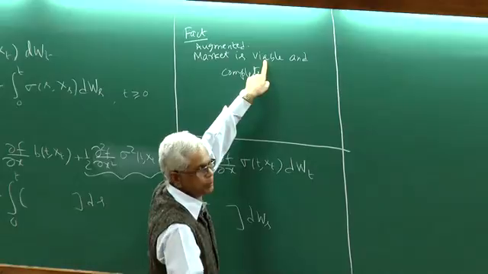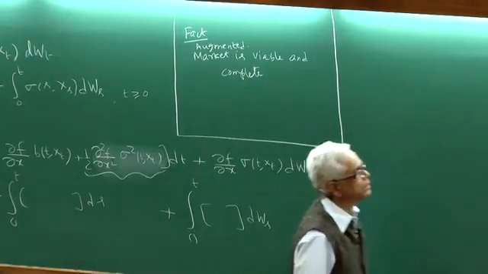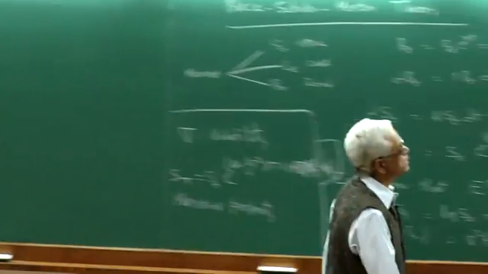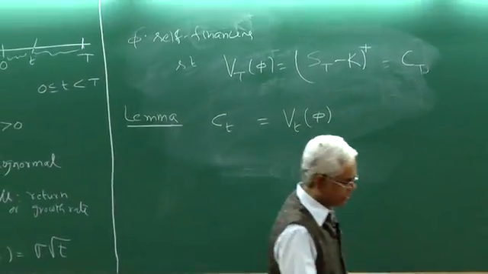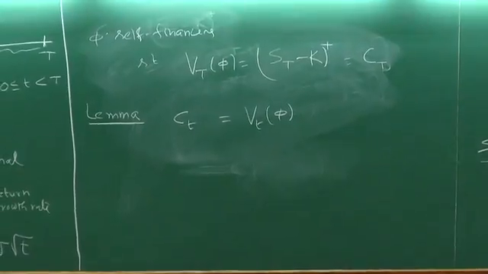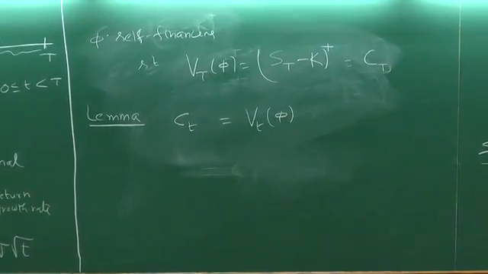You need to prove a little bit, but if you make the assumption that the augmented market is complete, then this is trivial. There's nothing to be proved. So this is obvious. This lemma says the value of C_T must be equal to the value of the portfolio.